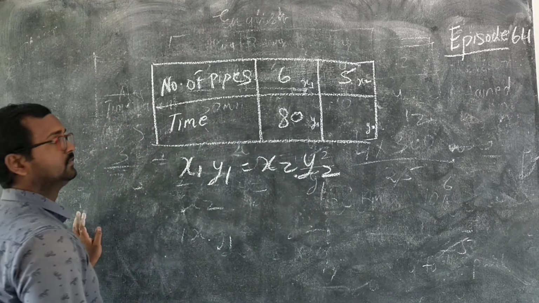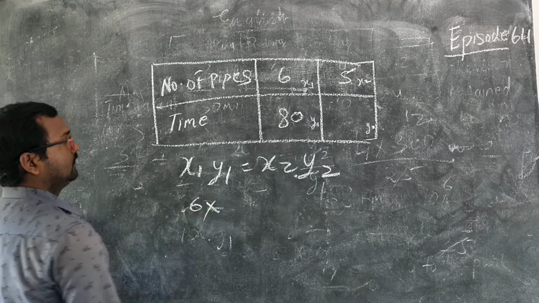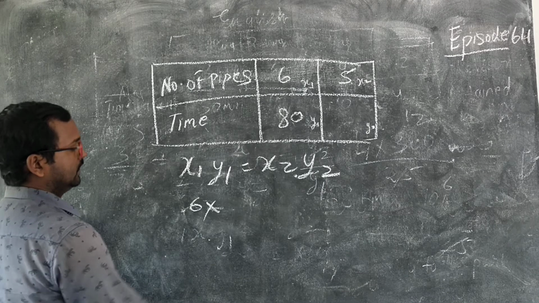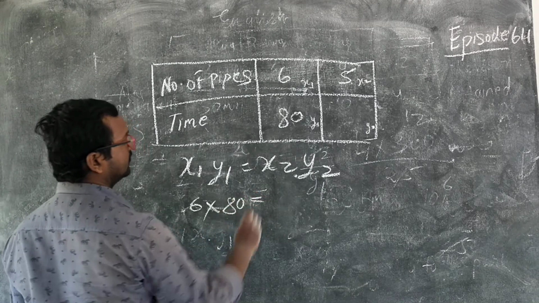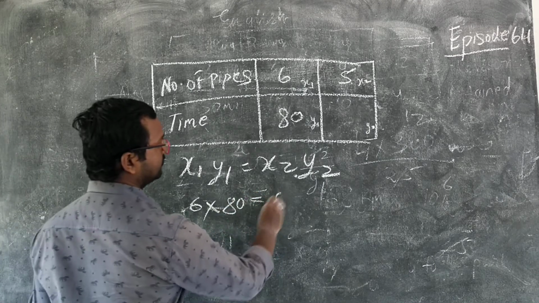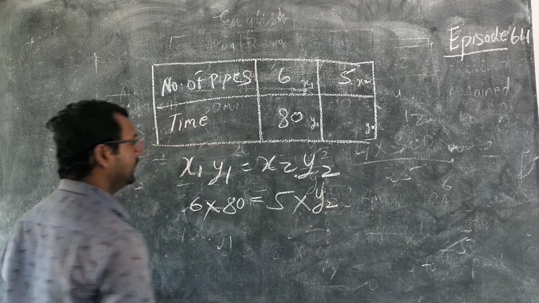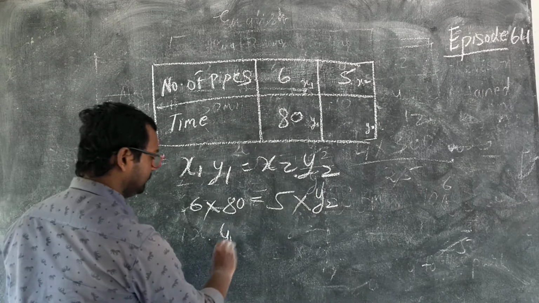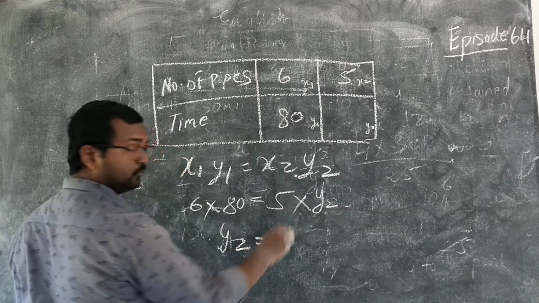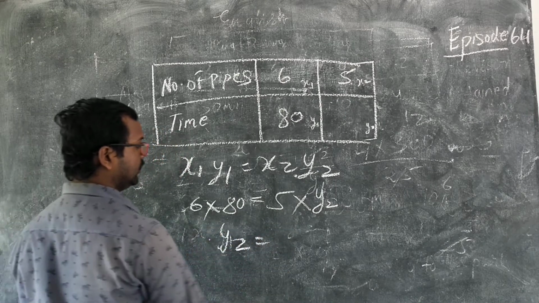We will get x1 is 6, y1 is 80, x2 is 5, and y2 we do not know, so we keep y2 here. We will remove 5 from here and it will come in the denominator.